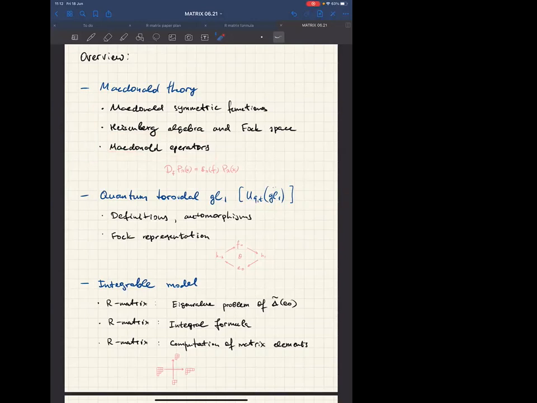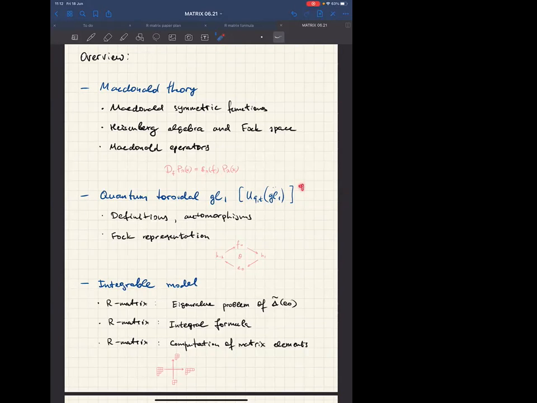The main point of this first part is to write down operators that are diagonal on the Macdonald functions, and their eigenvalues are written using certain specializations of variables. So we'll have several Macdonald operators labeled by a symmetric function, and their eigenvalues will also depend on the same symmetric function.